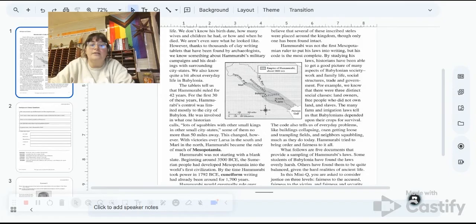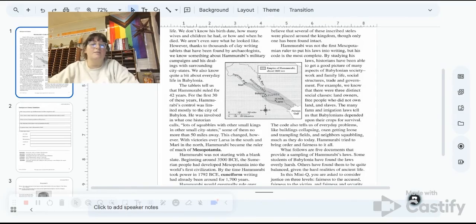By studying his laws, historians have been able to get a good picture of the many aspects of Babylonian society: work and family life, social structures, trade, and government. For example, we know that there were 3 distinct social classes: landowners, free people who did not own any land, and slaves.